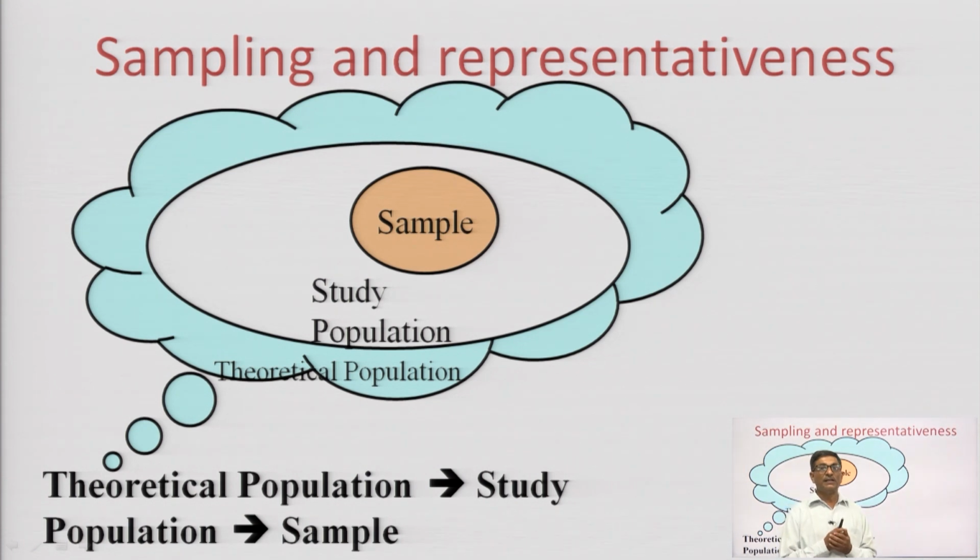So, we see that the sample is a subset of the study population, and the study population is a subset of the theoretical population.